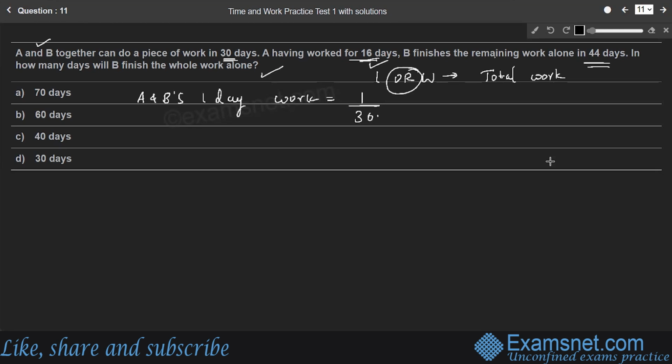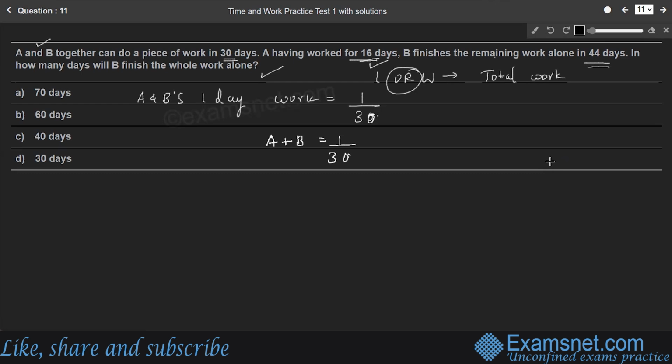If you take W as the total work, it becomes 1 by 30 into W as A and B's 1 day work. If you consider 1 as the total work, then 1 by 30 becomes their 1 day work. So we can write A plus B is equal to 1 by 30.